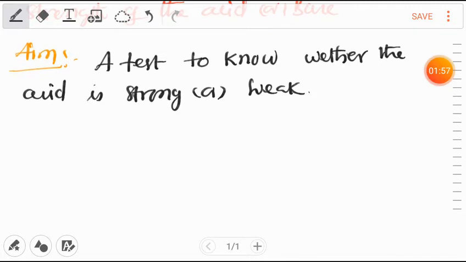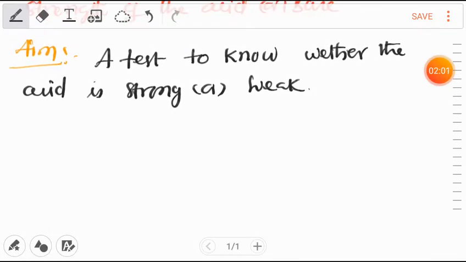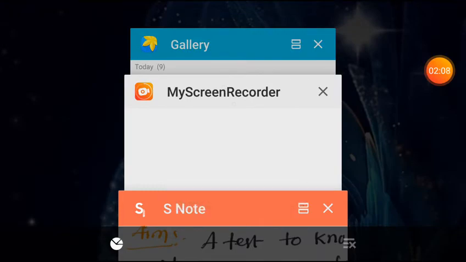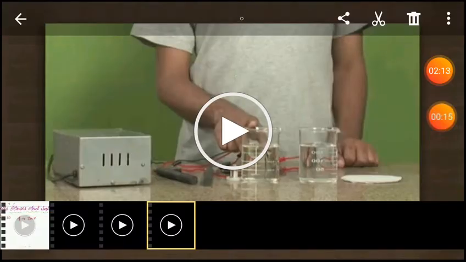This is the aim, and we'll see the experiment now, how we're going to test, and then we'll go forward. So I want to explain the experiment here.